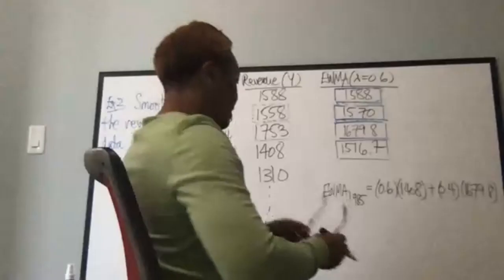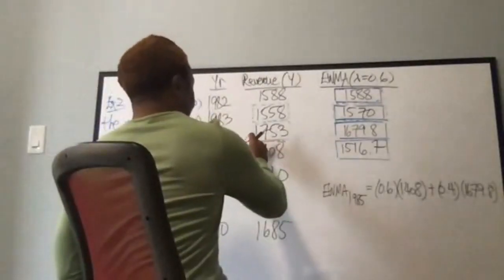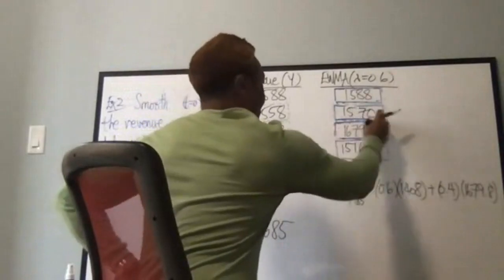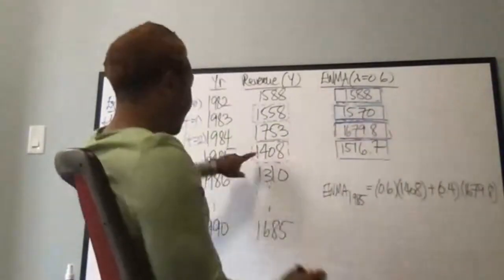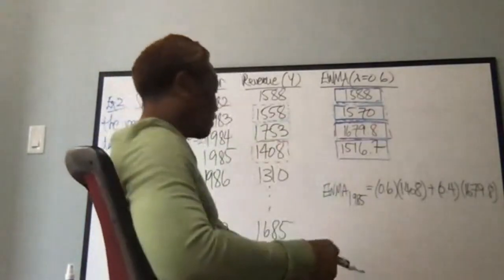Very good. Since I'm color coding, this red goes with this value right here, so that's the 0.6 times this, then the 0.4 times that. There you go. Very good.